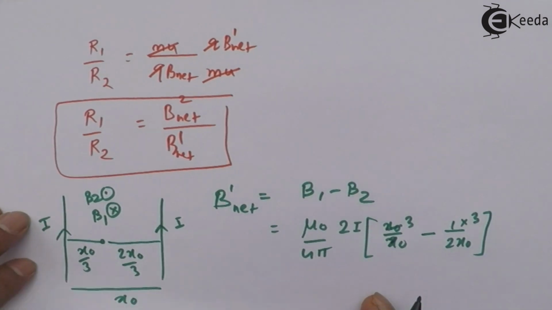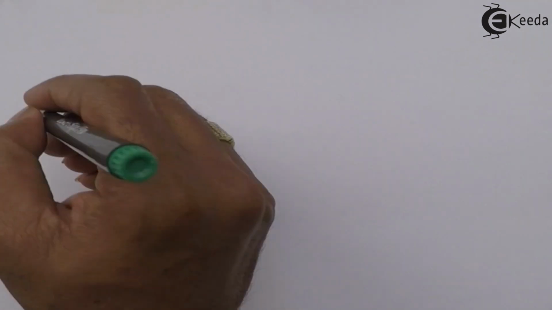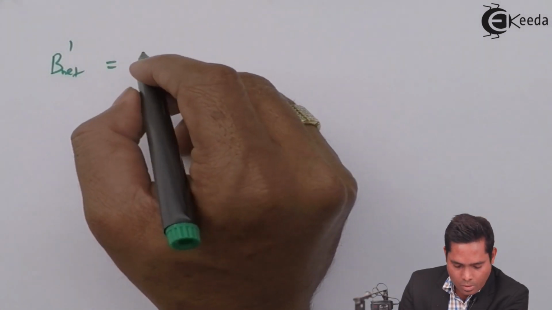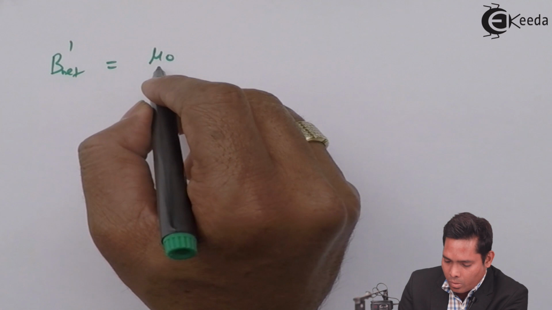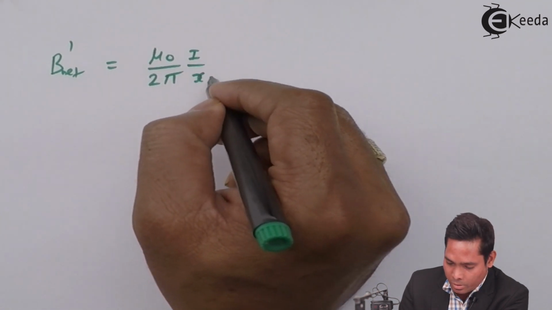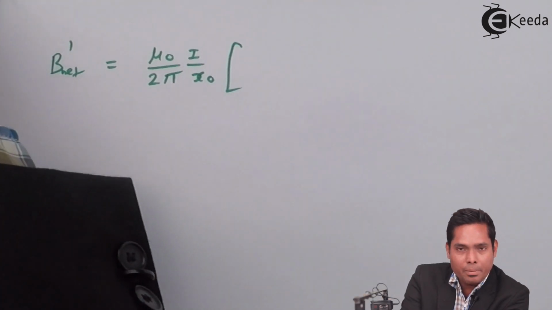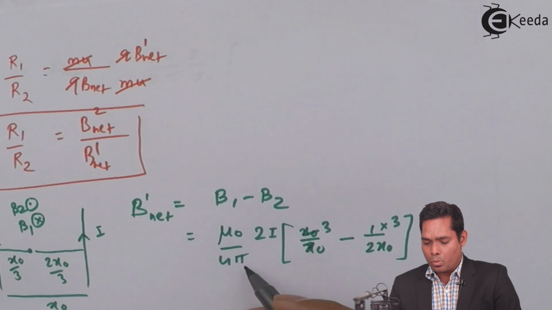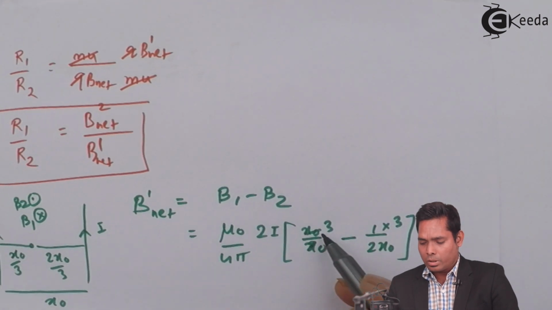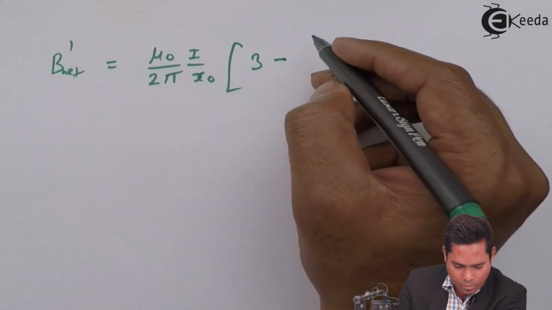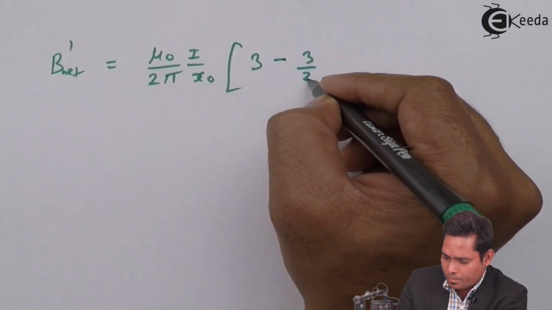If I solve that, I'll get B net in the first case equals mu naught I upon 2 pi, x naught goes out, so it is 3 minus 3 by 2.